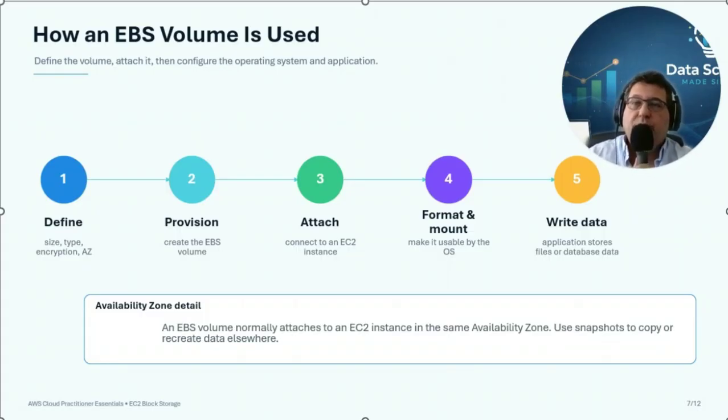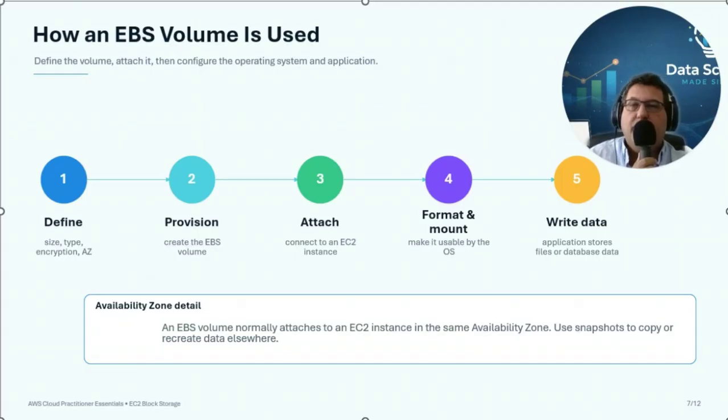Step 2, provision the volume. Provision means creating the EBS volume as an AWS resource. Once created, the volume exists separately from the EC2 instance. Step 3, attach the volume. The volume is then connected to an EC2 instance. An important rule is that the EBS volume normally attaches to an EC2 instance located in the same availability zone.